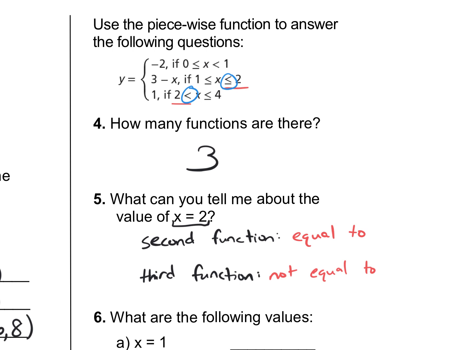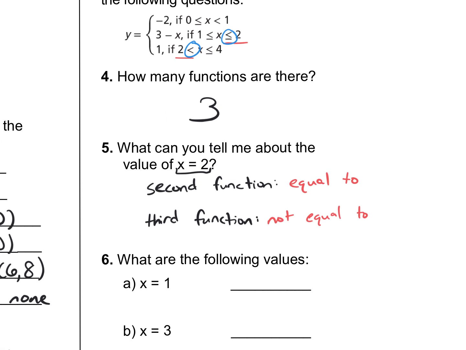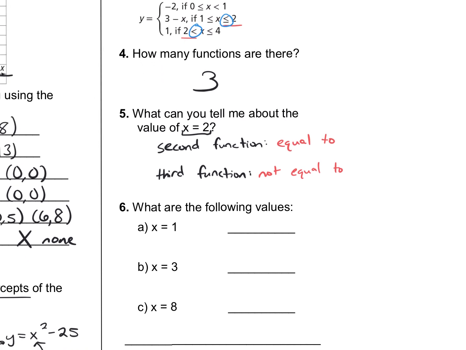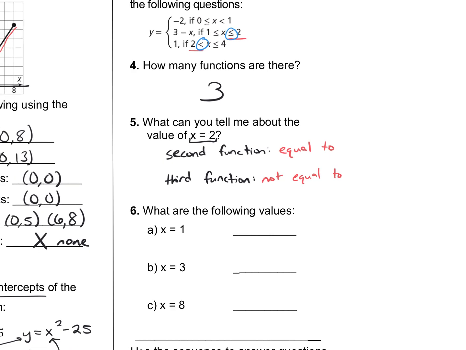No. One of them is equal to, one of them is not, and you get that from the inequalities in the function. And then number 6, it gives you different values it wants you to find in the intervals. So x equals 1. First, you have to decide what interval it goes in. Is x equals 1 in the first one?